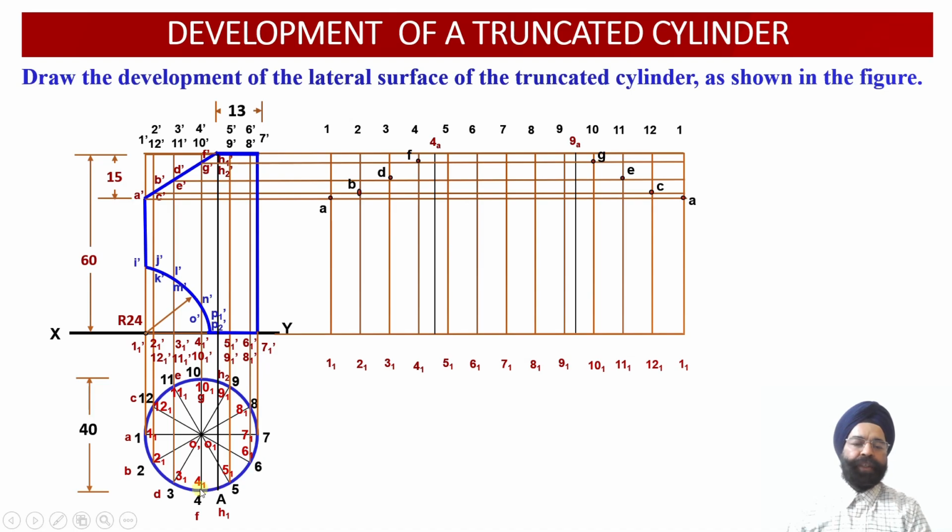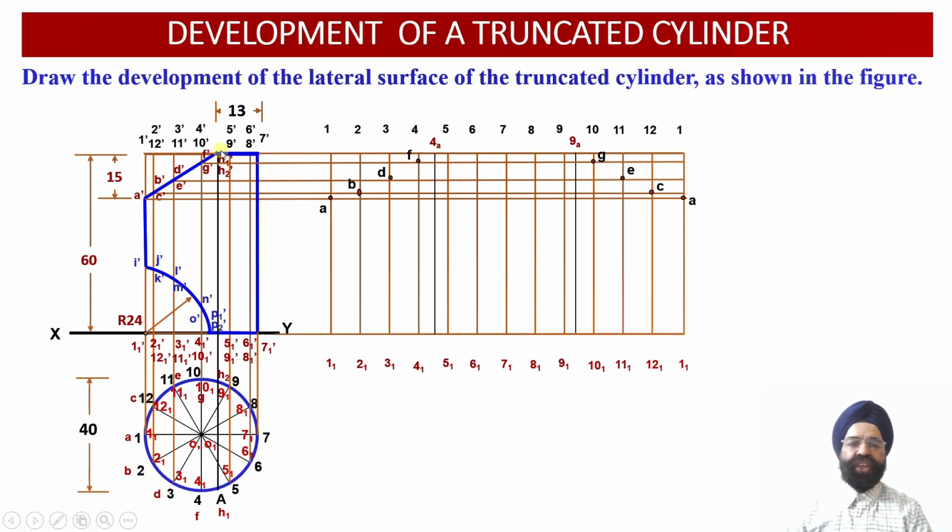That is, onto vertical projector 4A the point H1 will be lying. Onto vertical projector 9A the point H2 will be lying. So we have already drawn the projectors over here, 4A and 9A. So onto vertical projector 4A at the top surface, from the points H1 dash and H2 dash, once we draw a horizontal projector line, this horizontal projector line will be drawn like this.